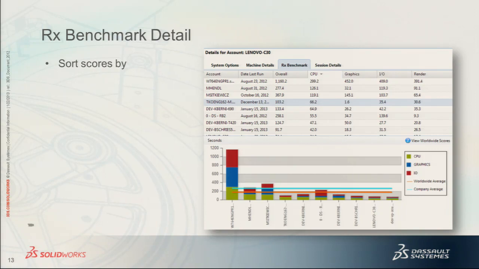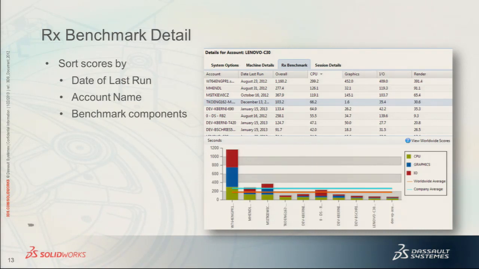You're going to see the last time that the RX benchmark was run, and all of your columns for the various pieces of the benchmark, the component scores. Then we graph all this stuff on the bottom for you, so you can see how your machines stack up against one another. The nice thing about this graph is you can eliminate pieces of it. It's a little bit customizable.